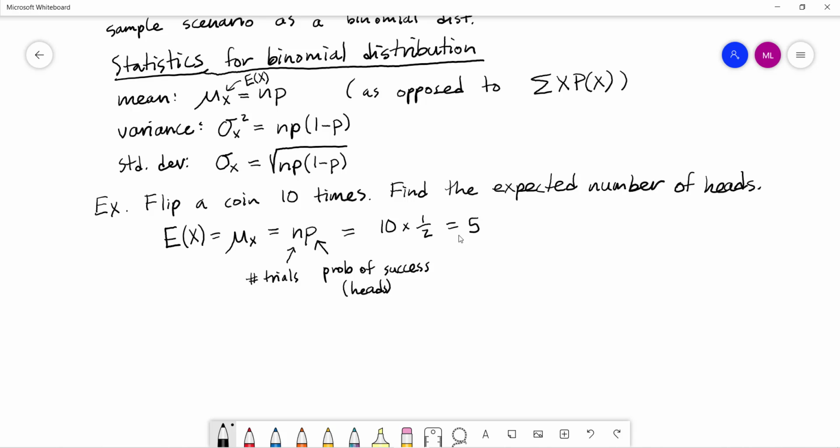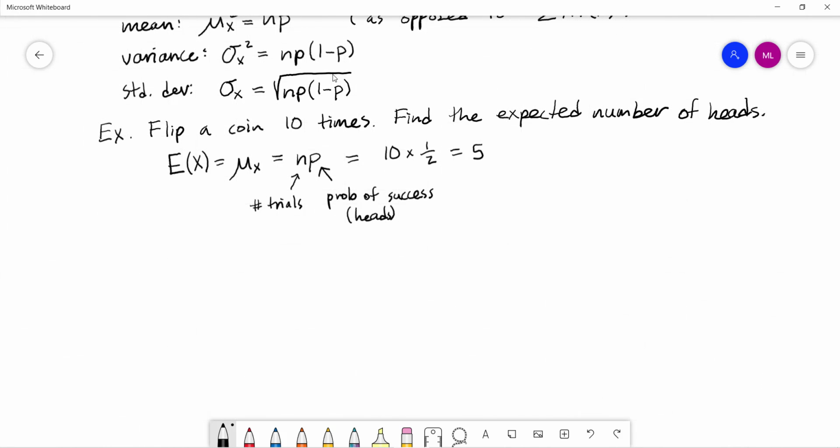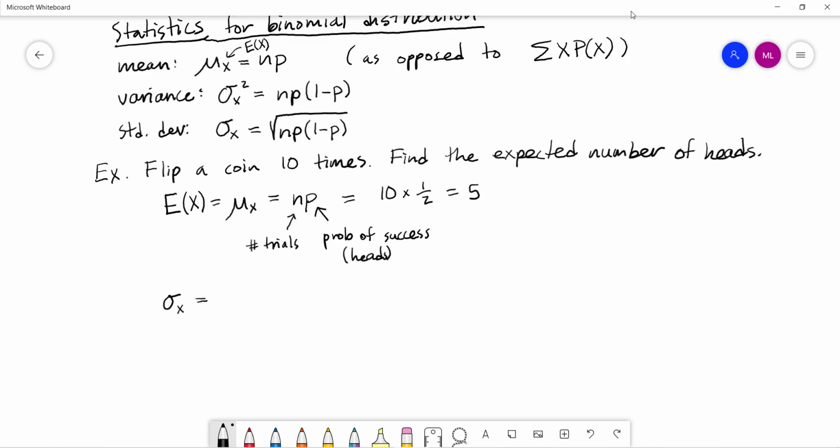You can apply this same idea and plug into these other formulas. So if we wanted to find the standard deviation in the number of heads, basically, it's not always going to land on heads 5 times.